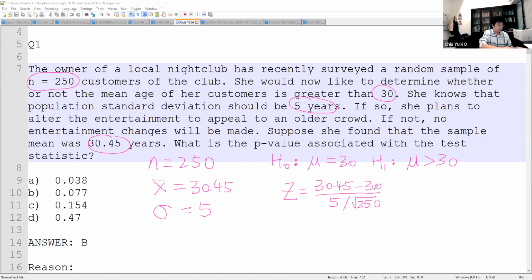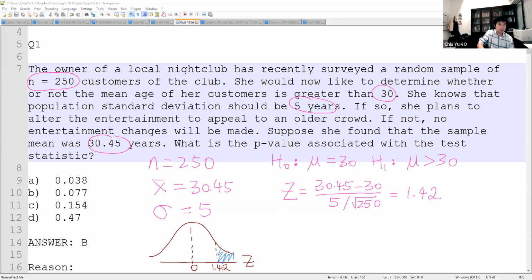If you do the subtraction, you should see it is 1.42. Do note that in Z space, with mean 0, we have 1.42, and we can calculate the p-value, because we're rejecting on the right.